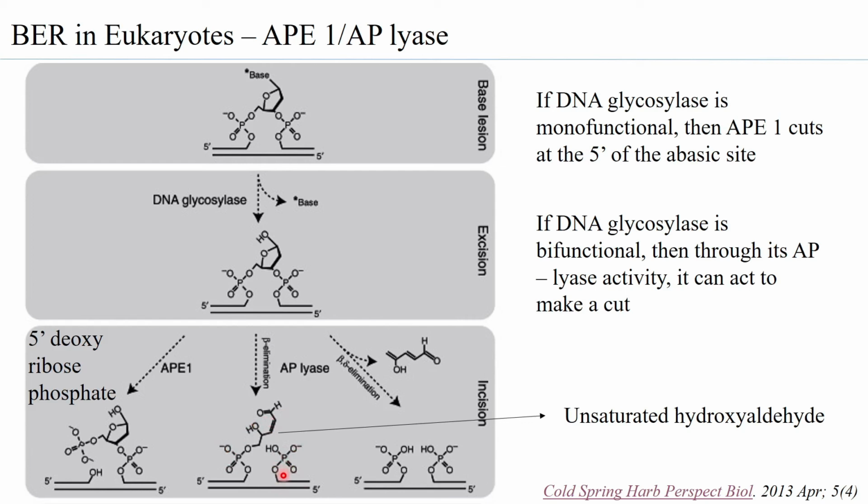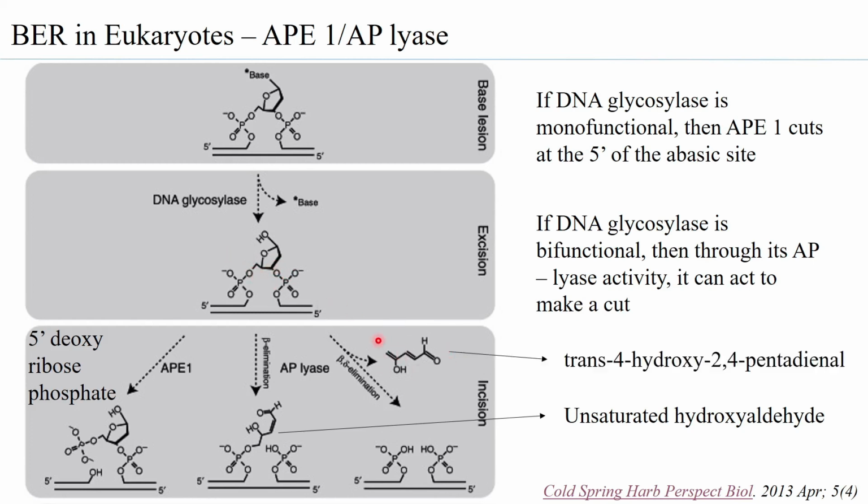Now, in some cases where DNA glycosylase has a bifunctional role, it not just carries out beta elimination, but it can also carry out delta elimination. What does that mean? It means that the sugar component can be cleaved at this site as well as at this site. So here is beta elimination, here is delta elimination.